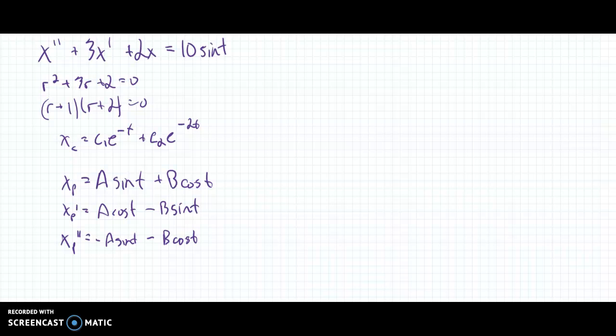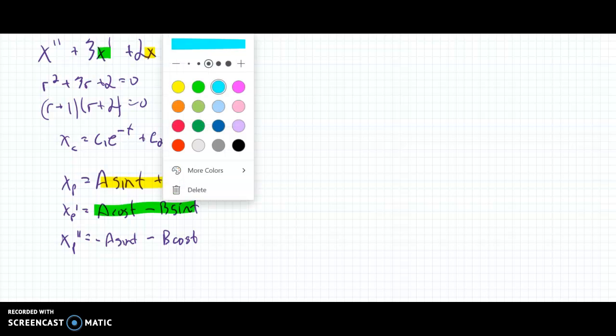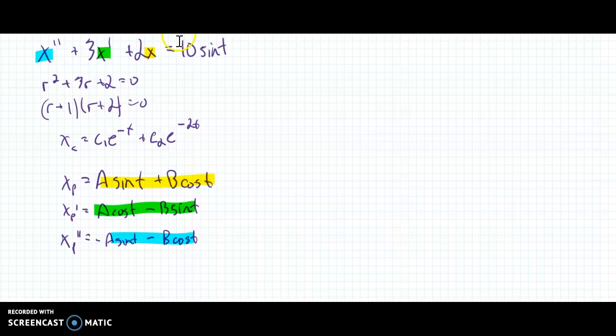Now I'm going to plug these in. This goes in there, this goes in there, and then this goes here. So that gives me minus a sine t minus b cosine t, and then plus 3, I'm going to distribute right away.